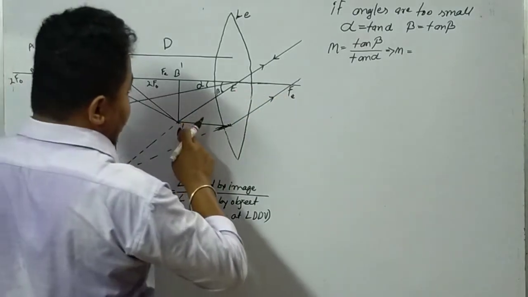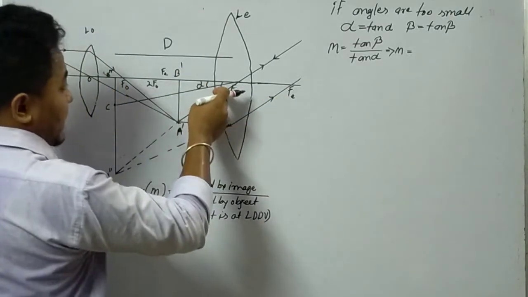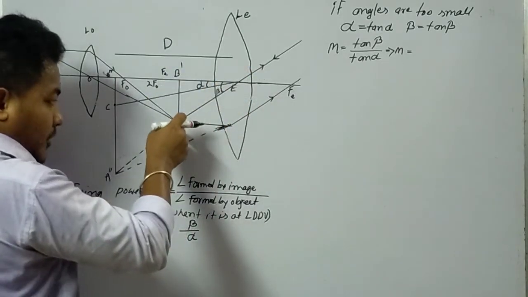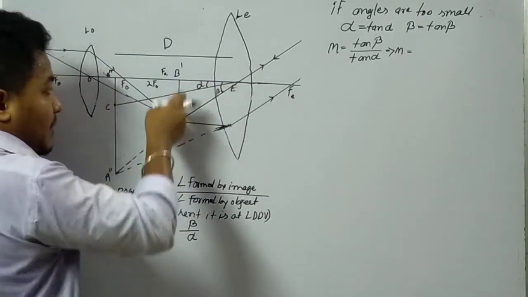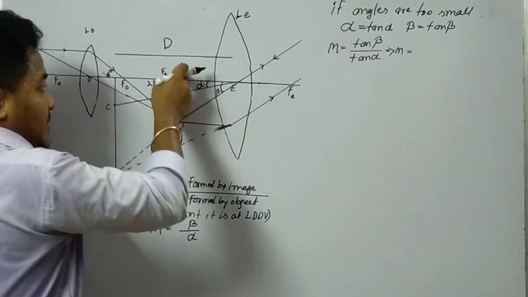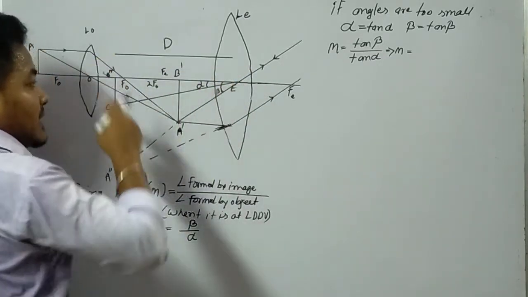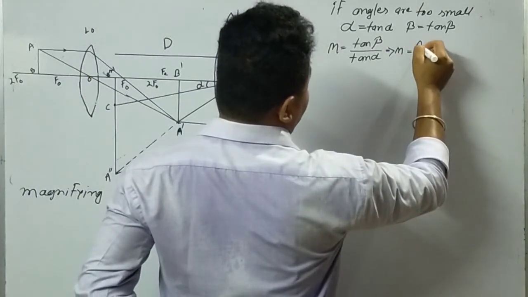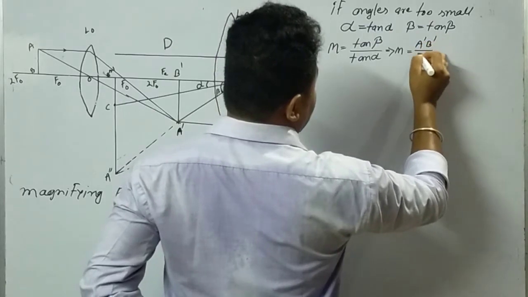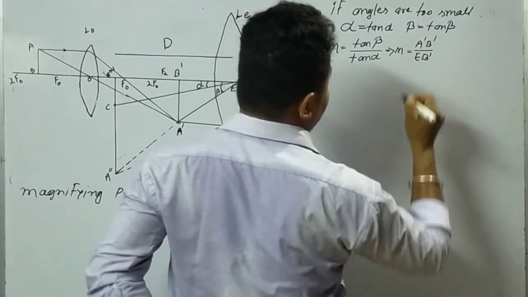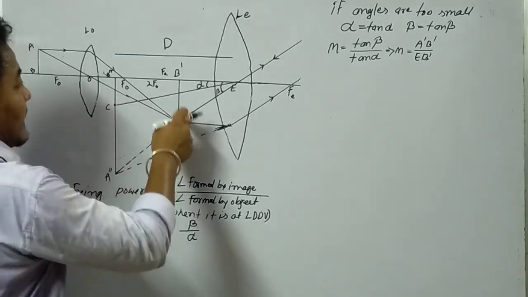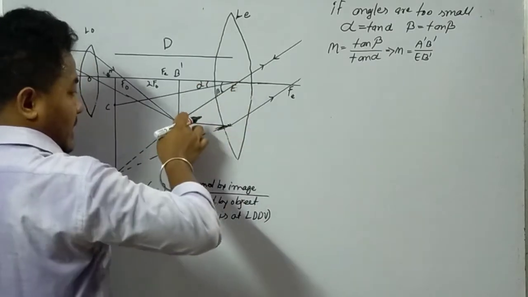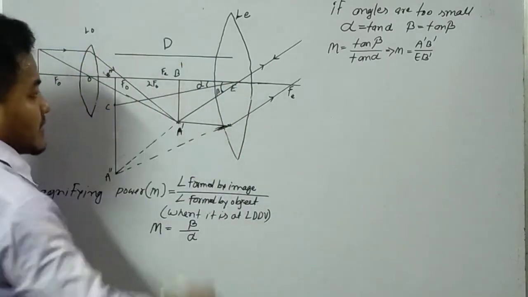So from triangle A dash E B dash, tan beta is perpendicular upon base. A dash B dash is the perpendicular, E B dash is the base, so I can write A dash B dash by E B dash. This is for tan beta from triangle A dash E B dash.